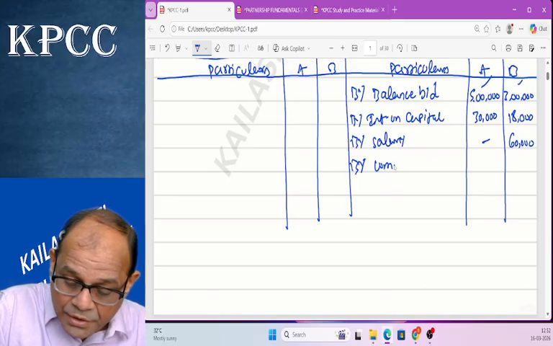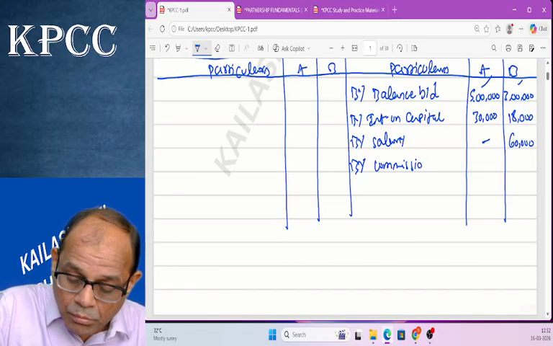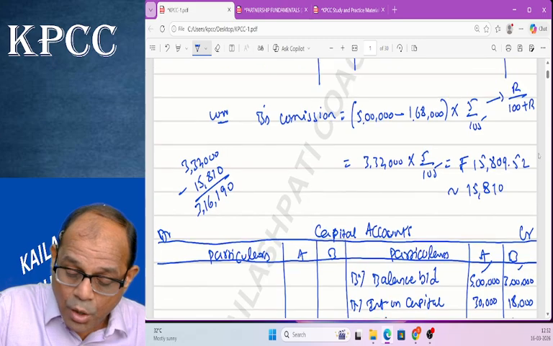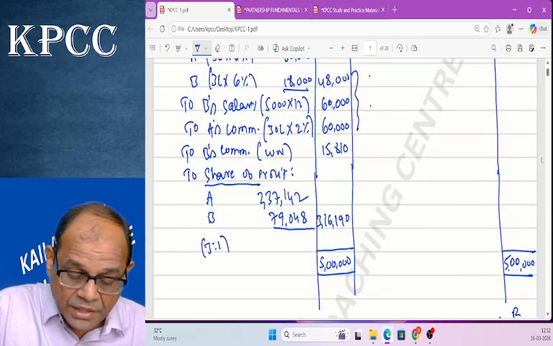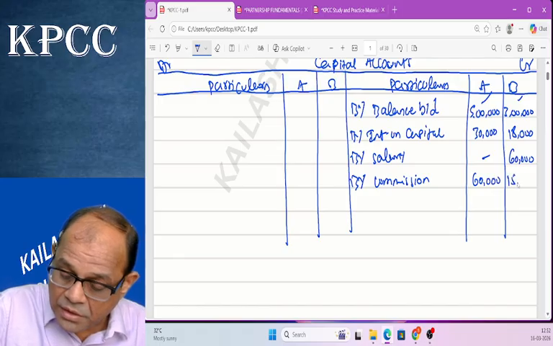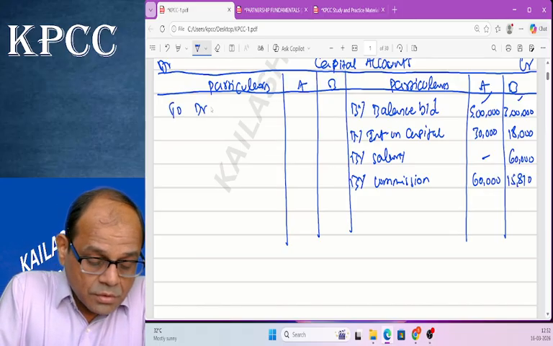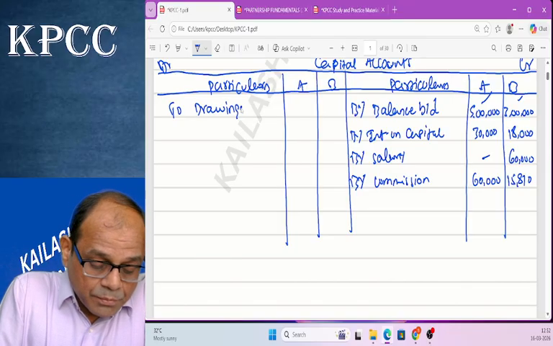And commission, both the partners are getting. So by commission, A 60,000, B 15,810. And on the debit side will come drawings.